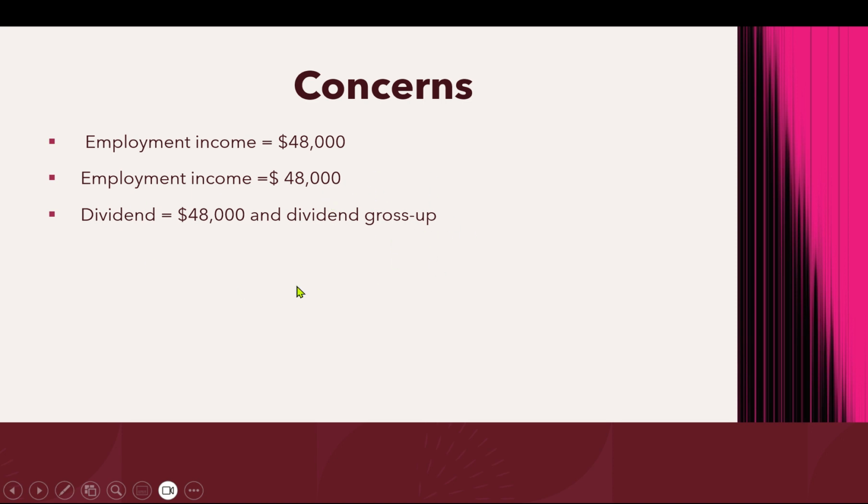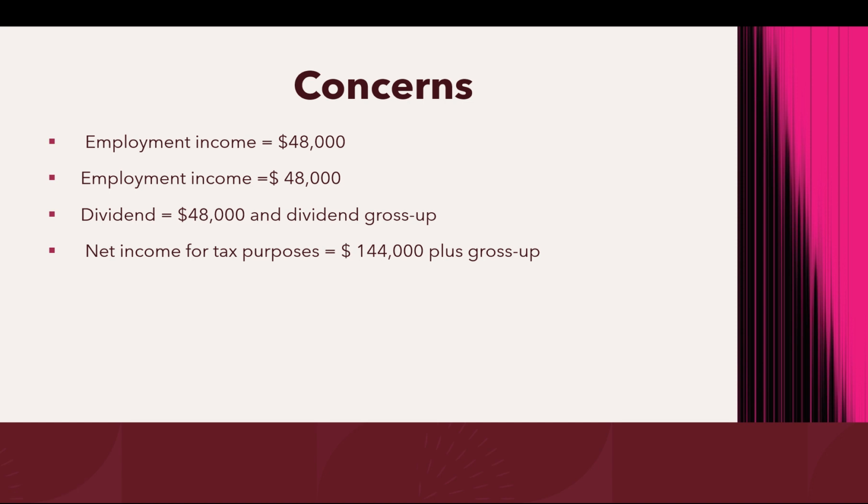So this is an ineligible or non-eligible dividend. The rate for gross up is different. The net income for tax purposes for his personal is what you get if you add these three up, plus the gross up amount. The gross up amount arises from the dividend.